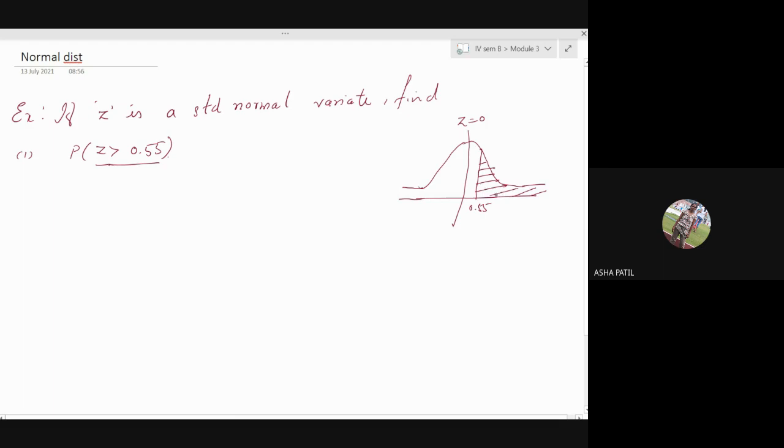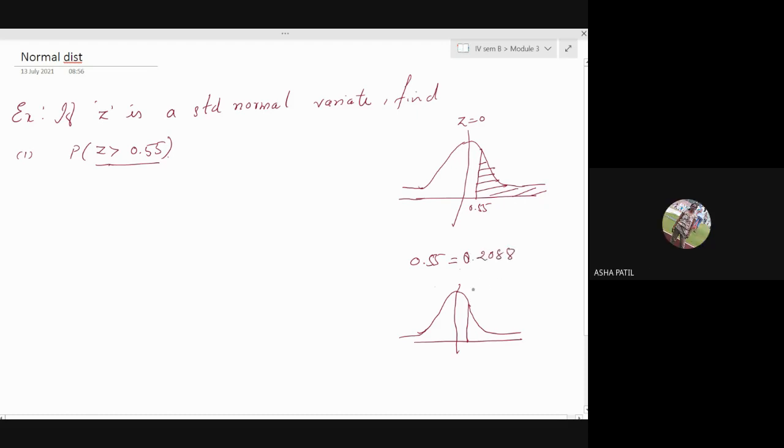Now for that, what we have to do? Actually, in the table, whatever values are given, can anybody tell me what is the value of 0.55 in your table? 0.2088.